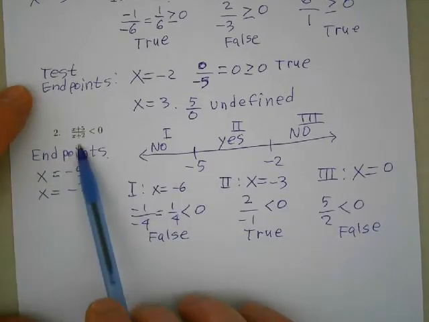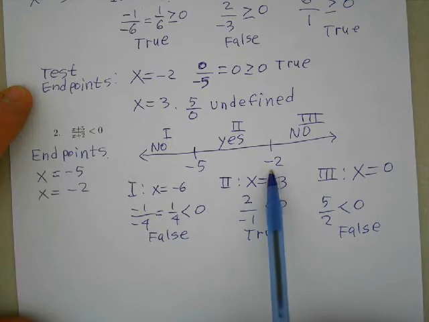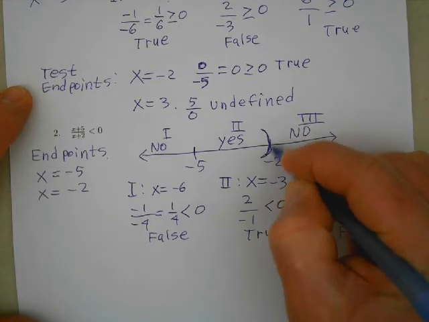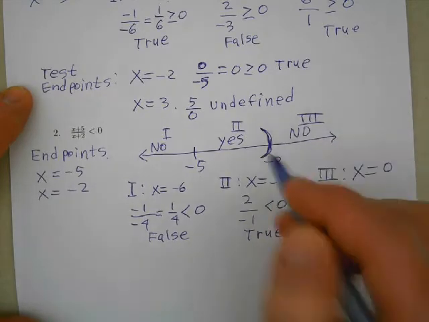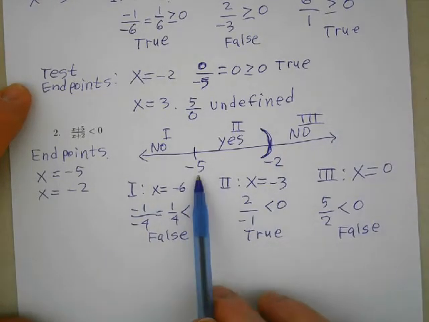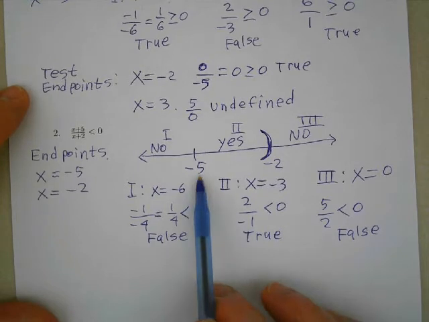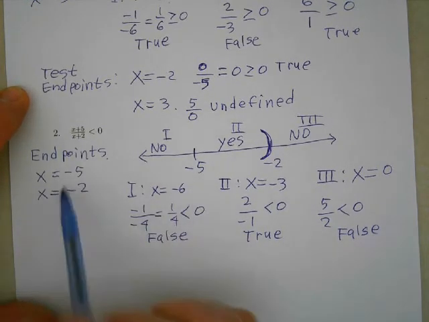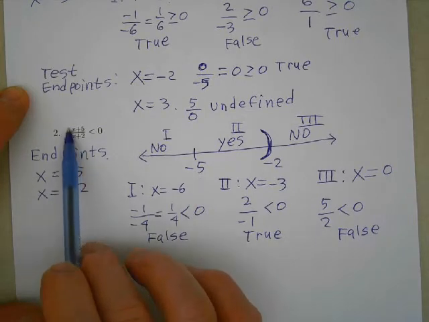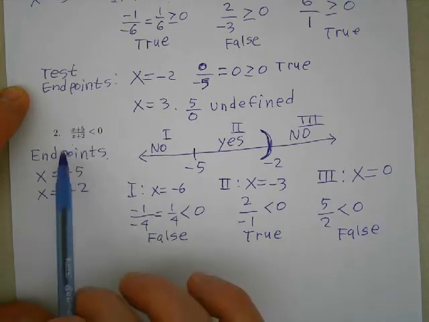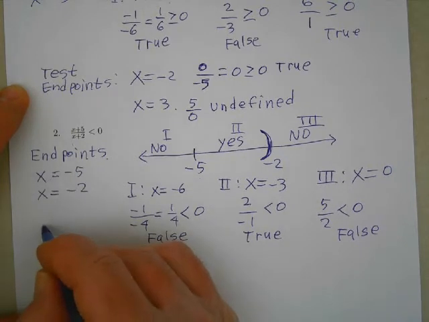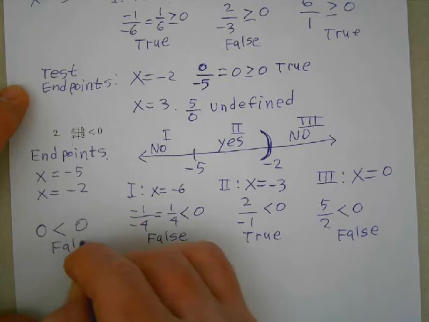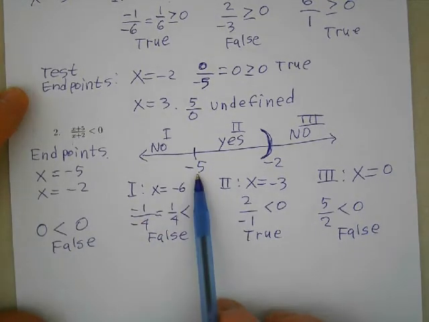Remember that we always exclude endpoints that come from the denominator. So -2 is not part of the solution set. So graphically, we put a parenthesis there. The other endpoint, -5, is also excluded in this case. If you were to test the endpoint, replace every x with -5, you would get 0 divided by -3, but that's just 0, and 0 less than 0 is false, so we exclude this endpoint this time.